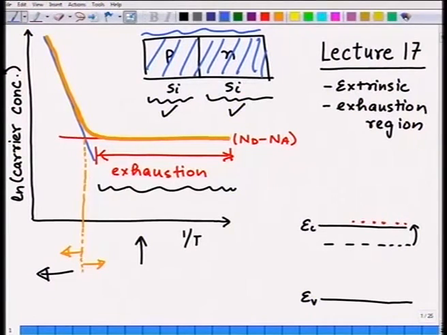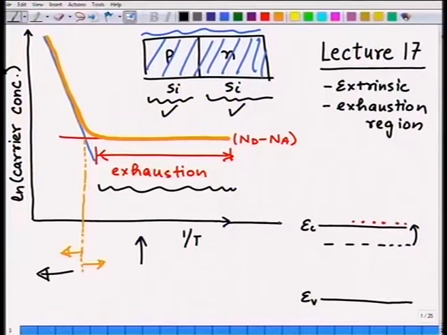Ultimately, these electronic devices function because there are junctions of p and n. So you lose the junction if you go to high temperature, and hence the intrinsic region is not an interesting region where we can operate the semiconductor. The region where we can operate is the exhaustion region. Fine, this is where we were last time.